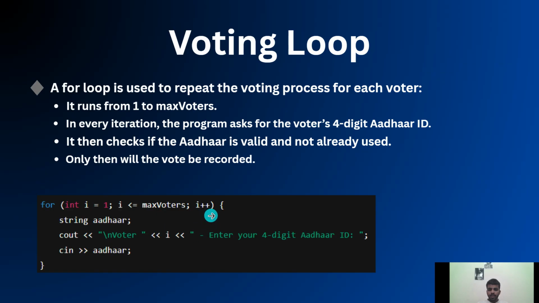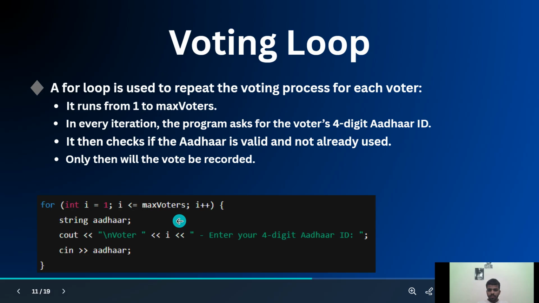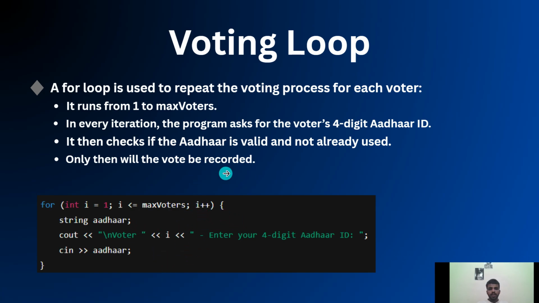They enter their Aadhaar ID. Next, i equal to 1, then i plus plus, so i becomes 2. It comes as the second voter. It also asks the second voter for ID proof, and checks whether the Aadhaar is valid and not already used.